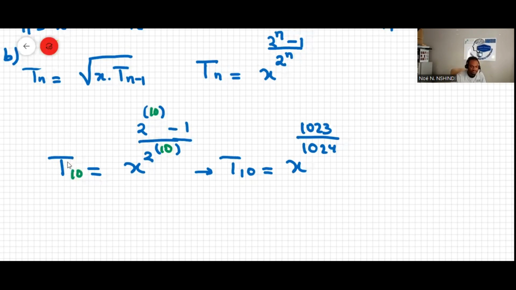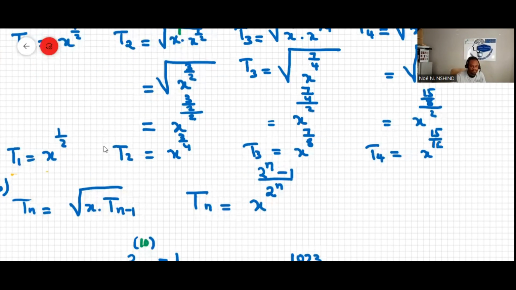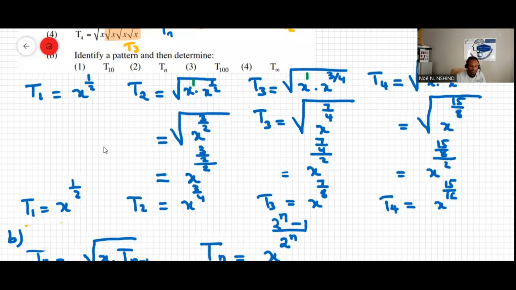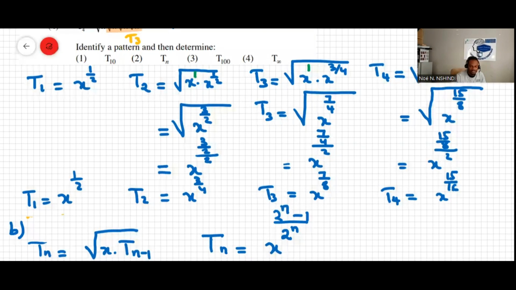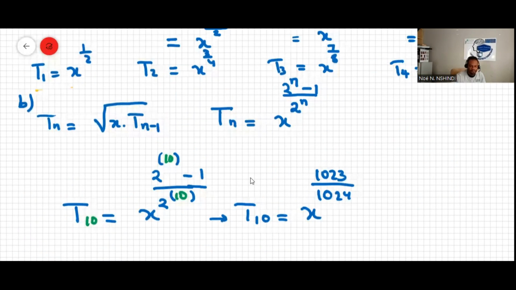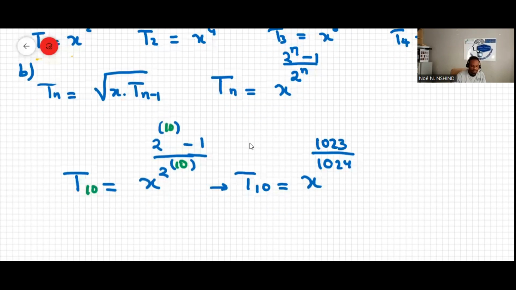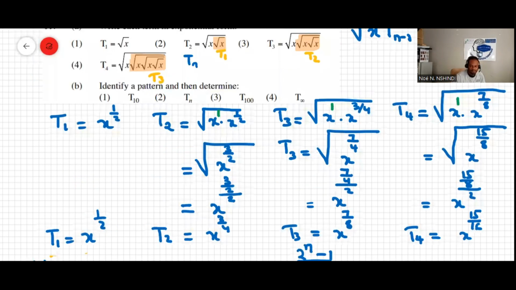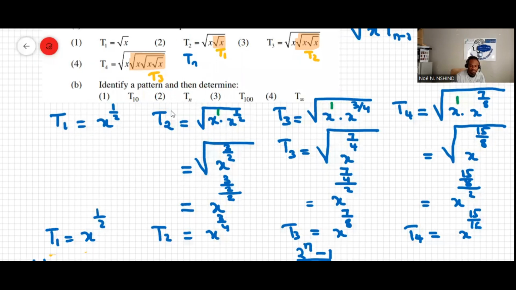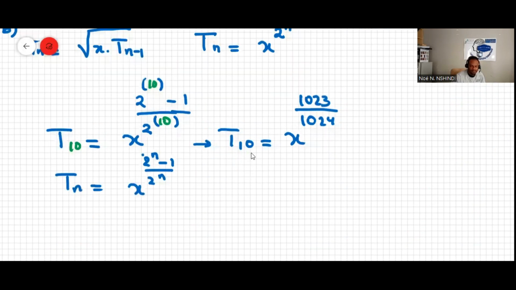And then what else? We want Tn. I wrote Tn already when I found the formula. Tn is x to the power of 2 to the n minus 1 over 2 to the n. And then T100, it's going to be the same thing.